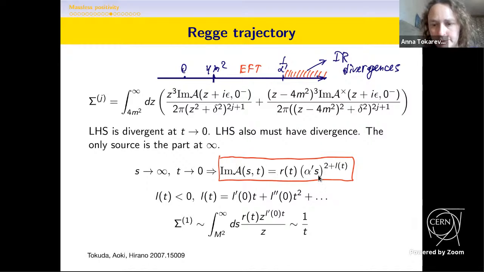After an explicit computation, one can obtain this 1 over t just coming from the integral of this part of the amplitude.